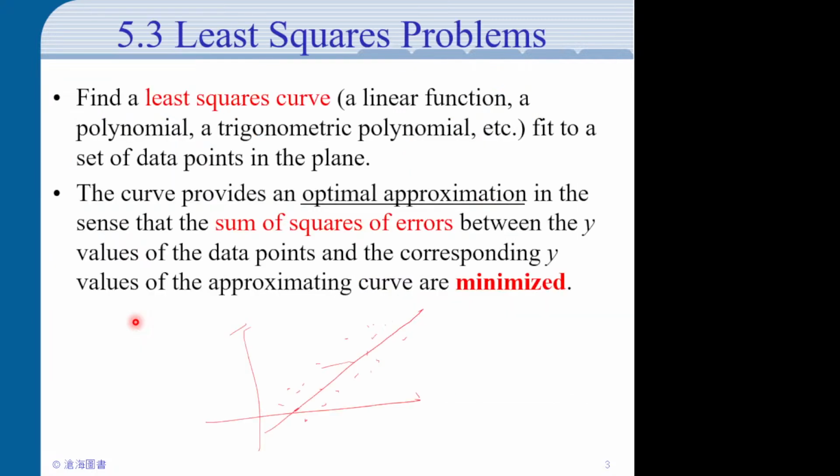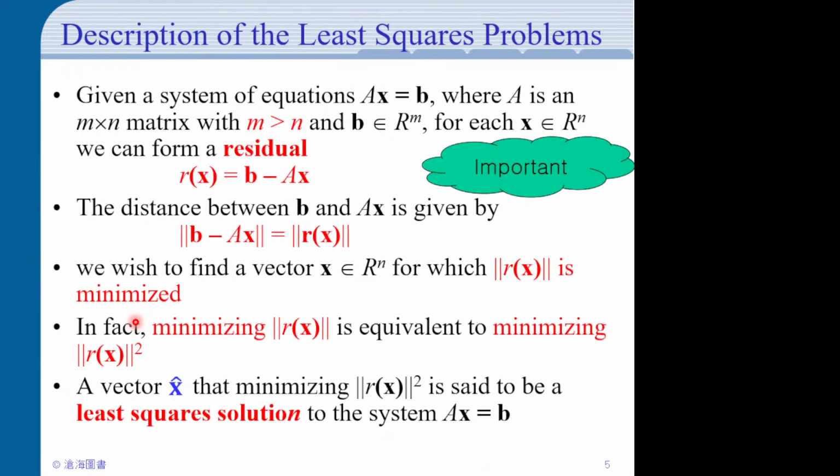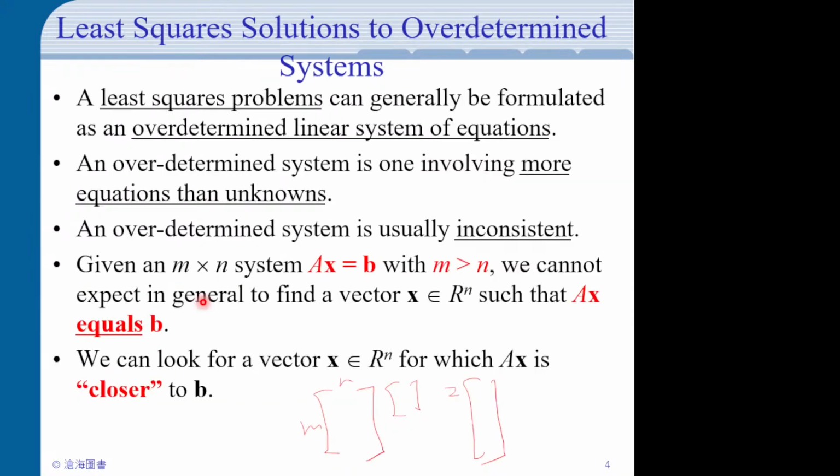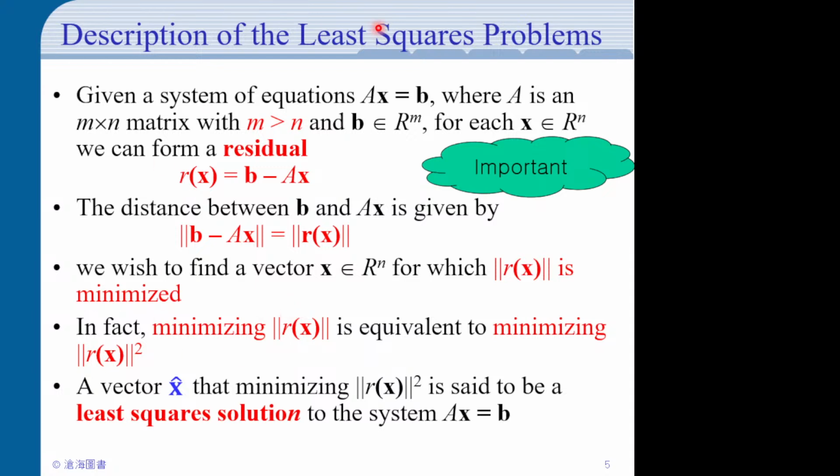And then we talk about solving those least squares problems. That's when you want to solve Ax equal to b, but this is inconsistent, so you cannot find x that actually satisfies this equation. Instead, you want to minimize the error, that's the difference between b and the Ax you found.